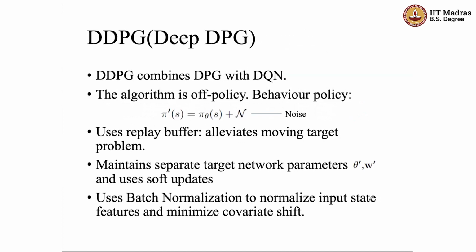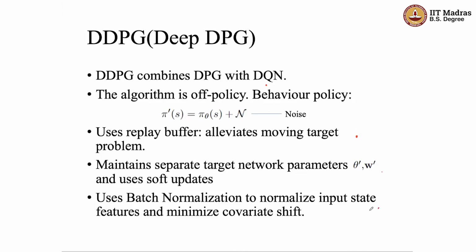So the next thing we are going to talk about is Deep DPG. The idea behind DDPG is that it combines DPG with ideas that we learned from DQN. Whenever we looked at the DQ network, there were a few things we looked at. First, we use a replay buffer, and we use target networks, and some versions of DQN use batch normalization.